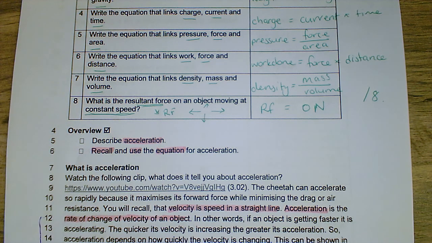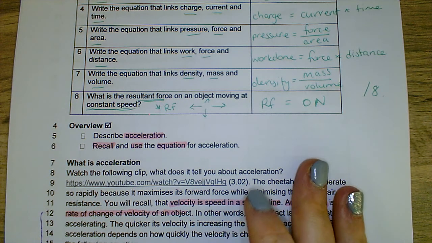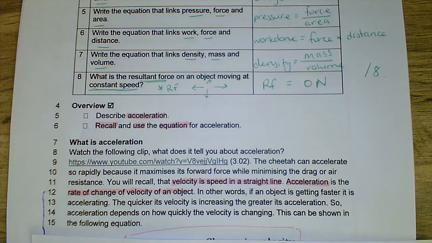Okay, so when I think of accelerating, I think of something getting faster. And that is true of acceleration. But it's how quickly it gets faster or slower. Okay, so velocity is speed in a straight line.